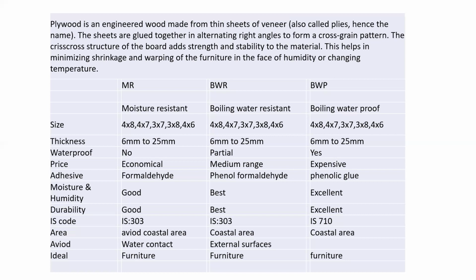In India, we only get Gurjan on the faces. Using it as hardwood to make the whole plywood is not economically feasible. Face thickness depends on the company, but on average it's 0.5 mm on each side. This is the specification of the plywood.